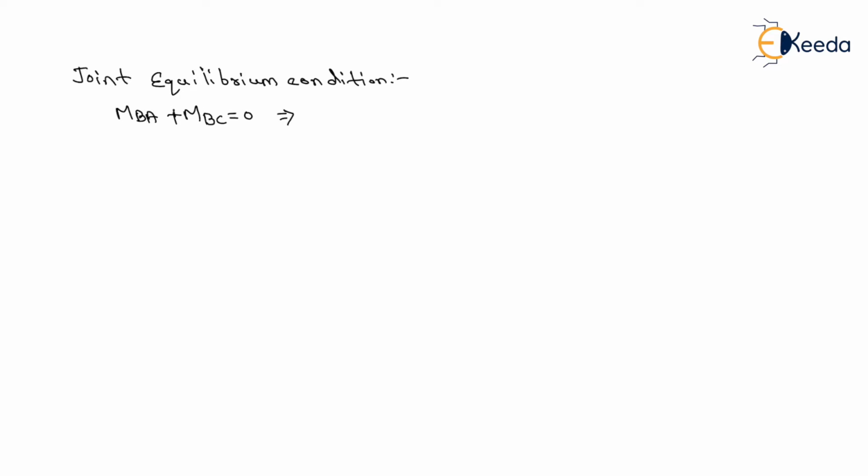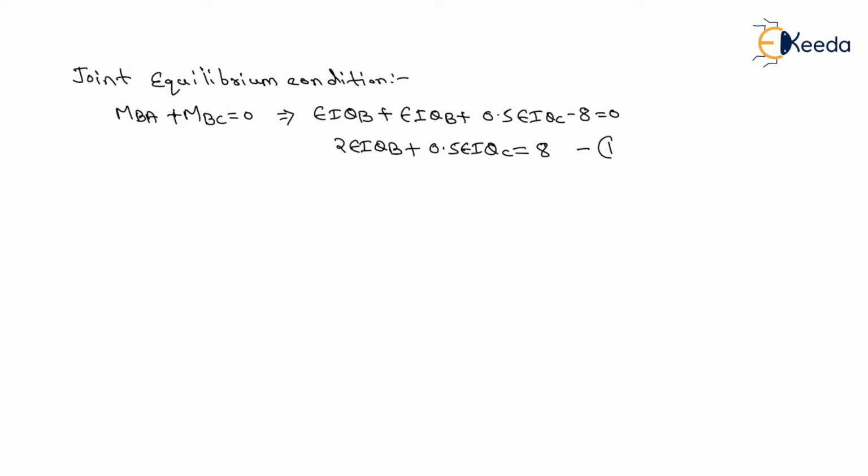On putting the value of MBA and MBC, we will get EI theta B plus EI theta B plus 0.5 EI theta C minus 8 is equal to 0. On solving this, we will get the equation as 2 EI theta B plus 0.5 EI theta C is equal to 8. That is our first equation.